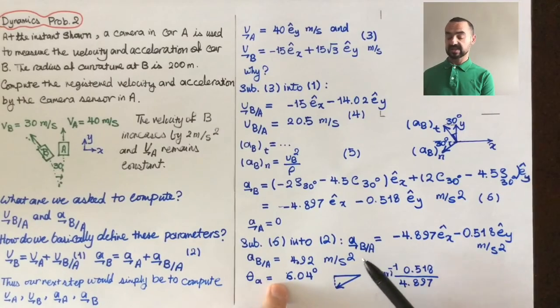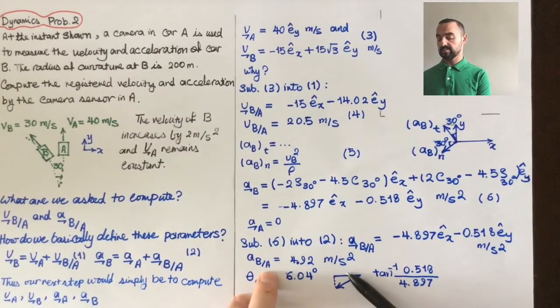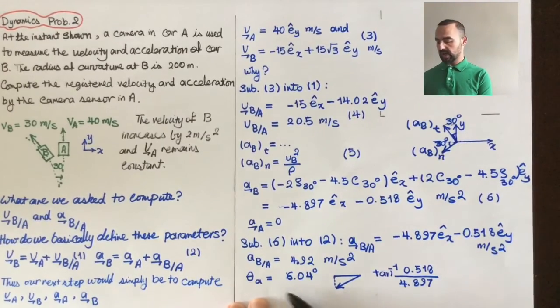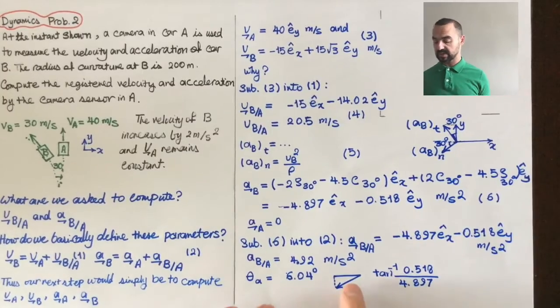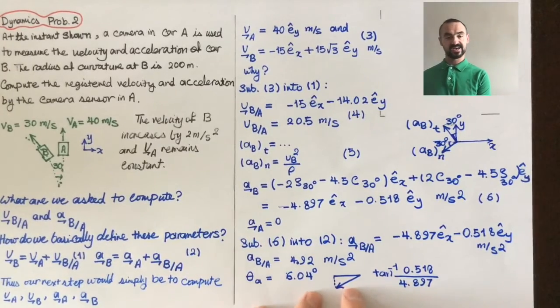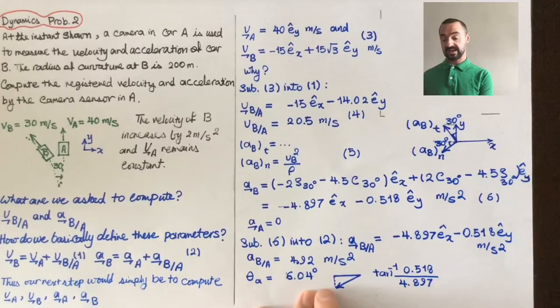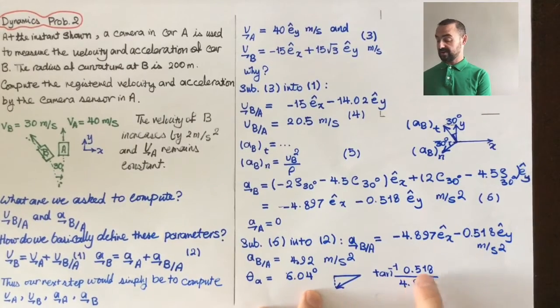So I have this acceleration of B with respect to A. To compute the magnitude, again, this is a vector. And if you were asked to compute theta, the angle of this vector with respect to, for example, the horizontal axis, you simply compute the tan inverse of 0.518 over 4.897. Why?